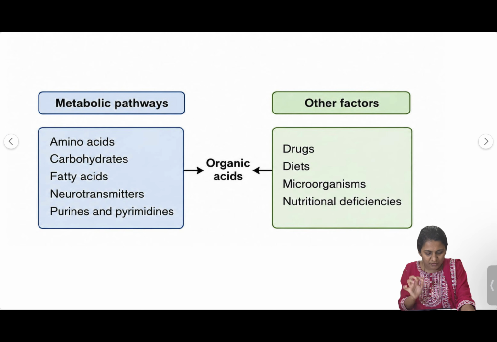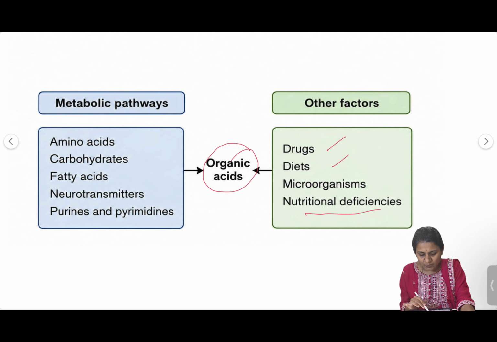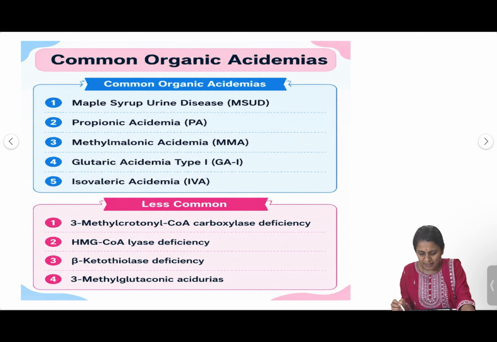The same applies to amino acid, carbohydrate, fatty acid, neurotransmitter, and purine and pyrimidine metabolism, which can lead to accumulation of organic acids. Even certain drugs, diets and nutritional deficiencies can lead to accumulation of organic acids.